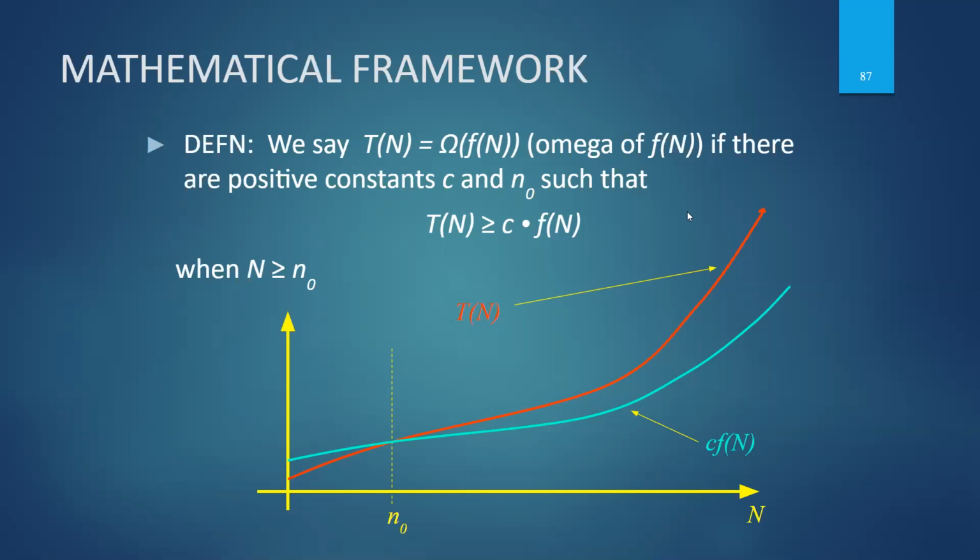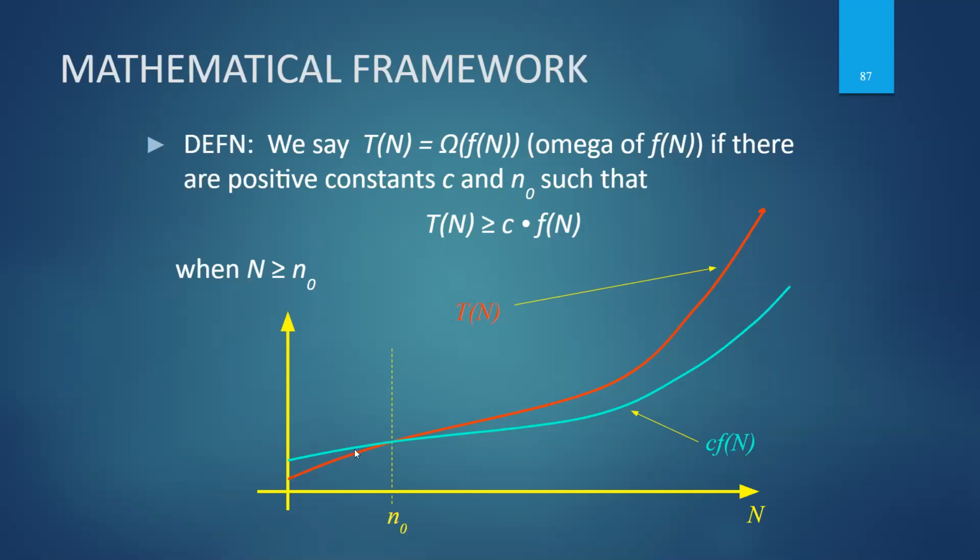Let's take this vertical line at a higher input size, say n1. There, the lower bound is lower than our algorithm, and our algorithm takes more time than c·f(n).